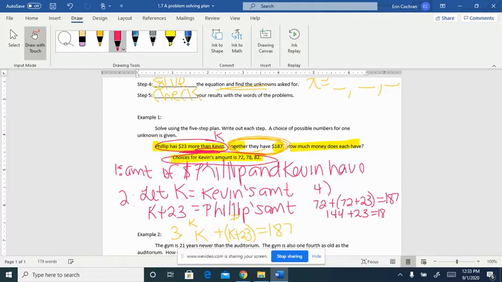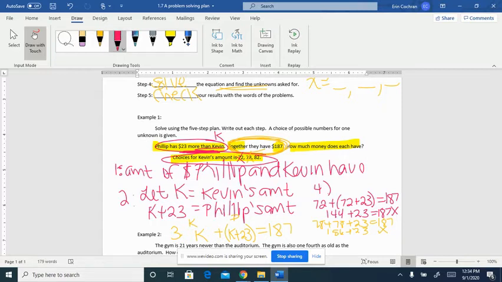Does that equal 187? Nope. So 72 is not an option for Kevin's amount. Let's check the next one. 78 plus 78 plus 23. Does that equal 187? Well, here's 156 plus 23. Nope. So 78 is not an option.